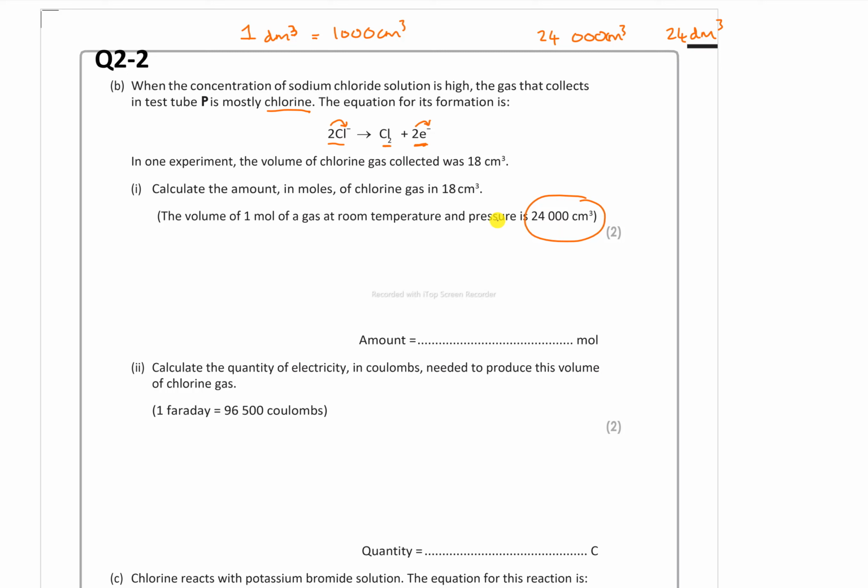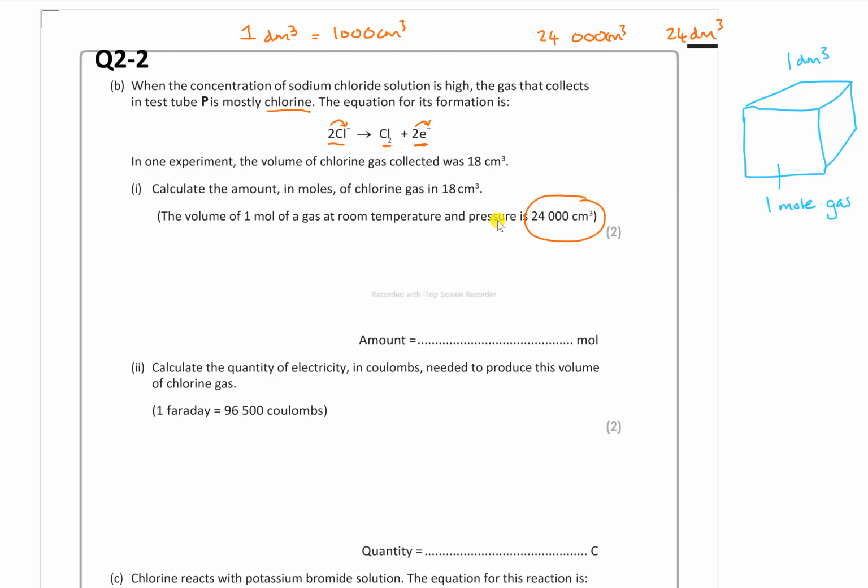So this is how I like to picture it, otherwise I get lost. I like to see here, I've got a container that is 1 decimetre cubed, and it will contain 1 mole of gas, whatever gas it is.